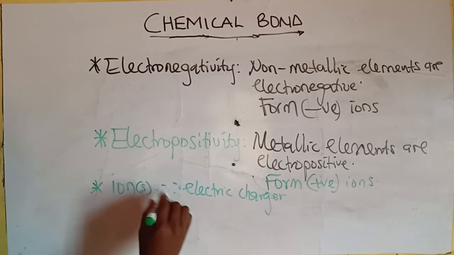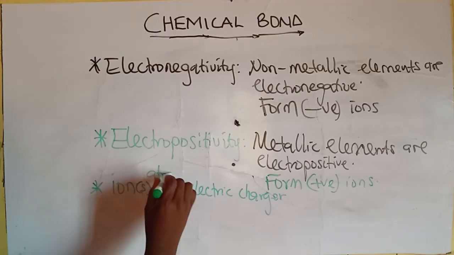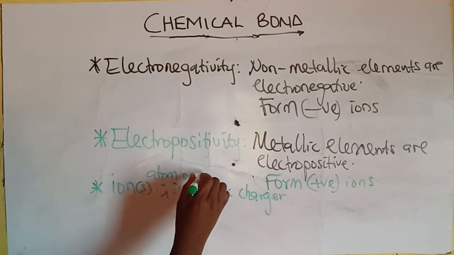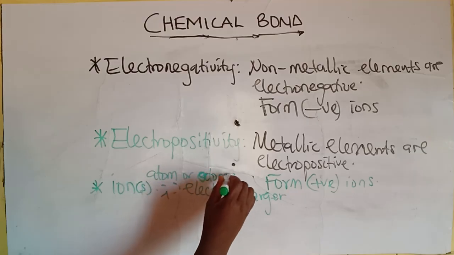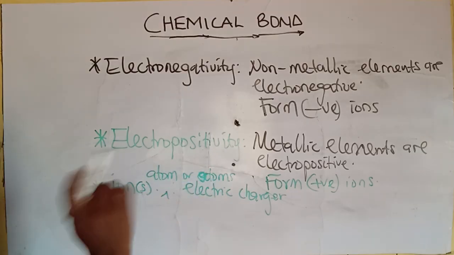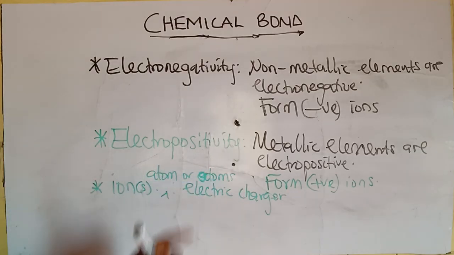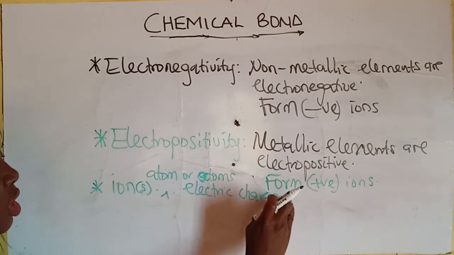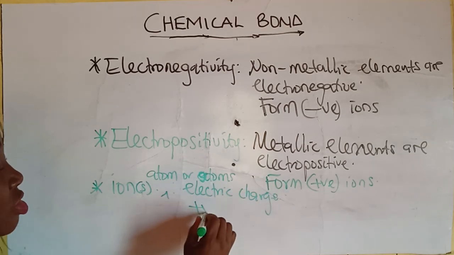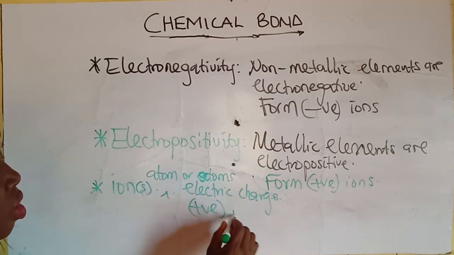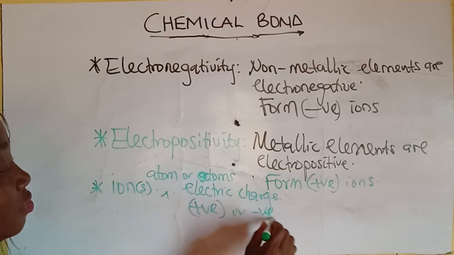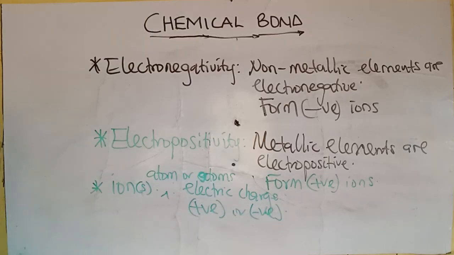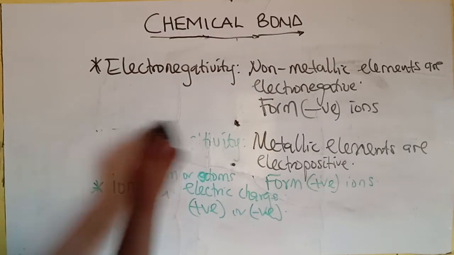So it's an atom or group of atoms. It could be more than one atom that possesses electric charge. This electric charge could be positive or negative. Let's look at some examples of ions.